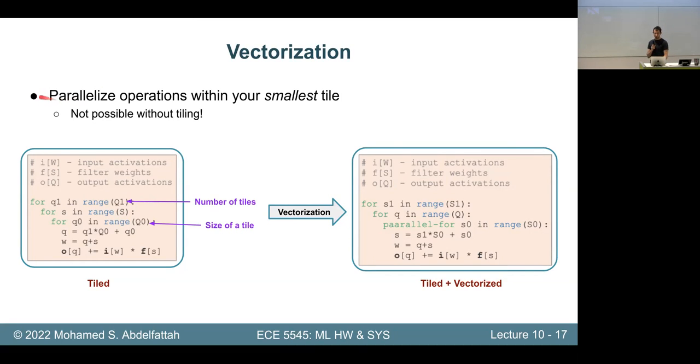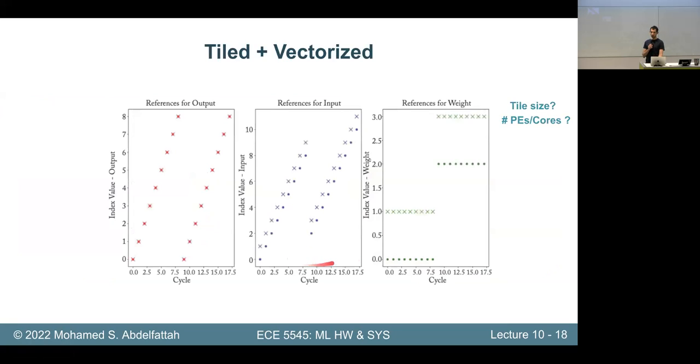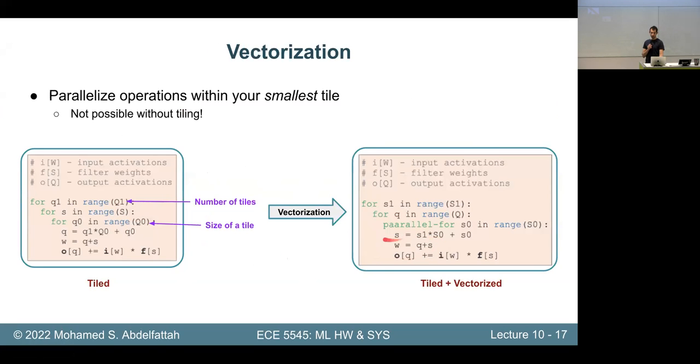So what we're doing here is that we would take a memory tiled version and we would parallelize the innermost loop. So that happens in vectorizing or automatically parallelizing compilers. And the only difference between those two loops here, at least in terms of pseudocode, is that your innermost loop now becomes parallel.